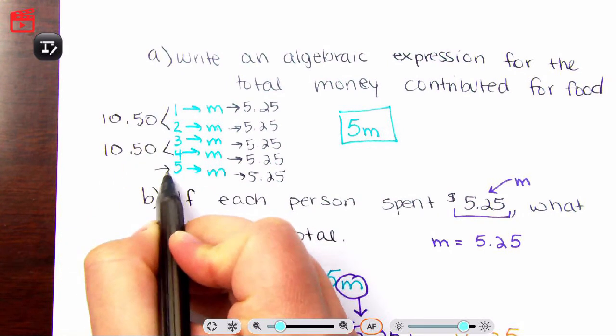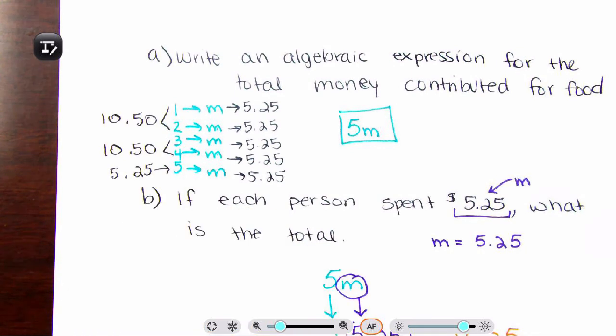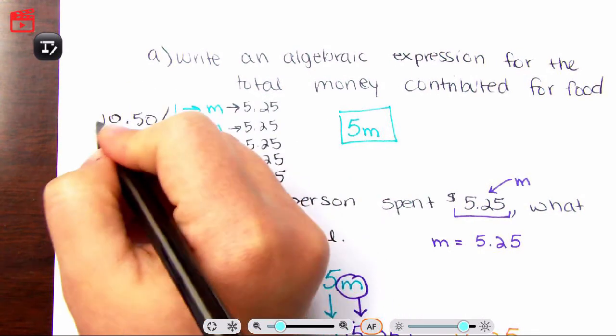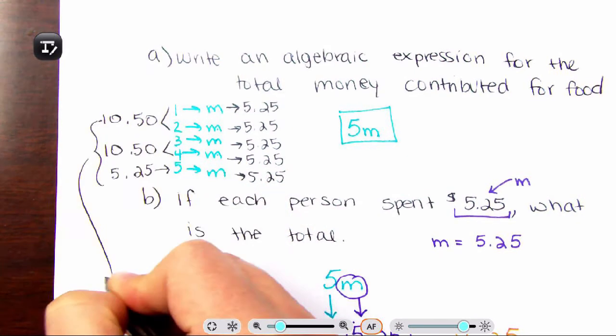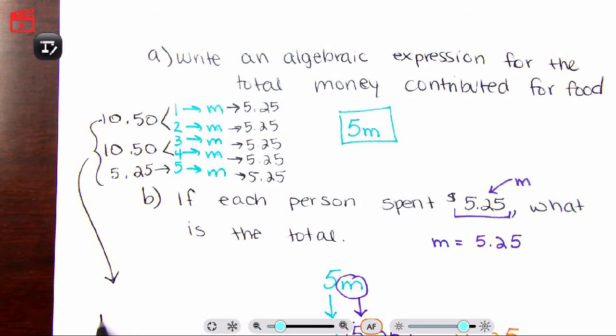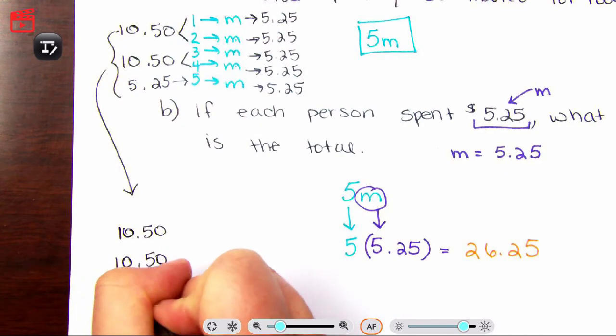And then we have our 5th person who still gave us $5.25. So we're combining these. I'm going to shift this down here.